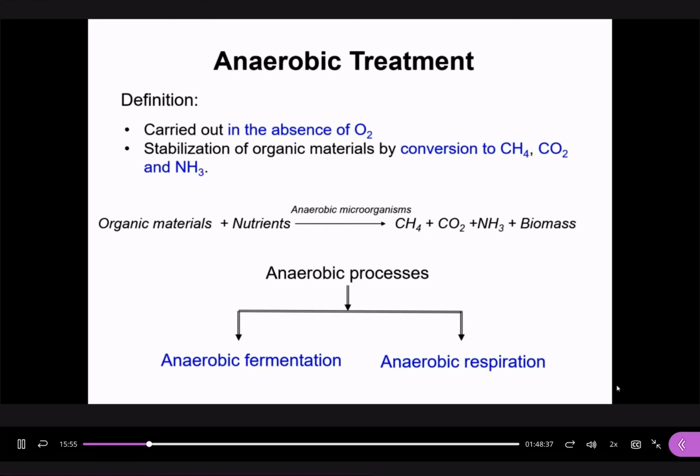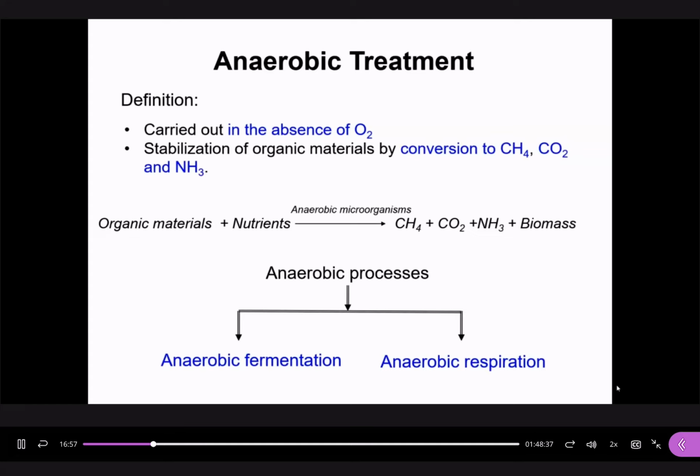So for aerobic treatment, how does the equation look? We have organic matter, we have nutrients, aerobic microorganisms. We do not have CH4, right? We don't have this. How about this? Ammonia. You have ammonia. If you have nitrifying microorganisms, what do you get?